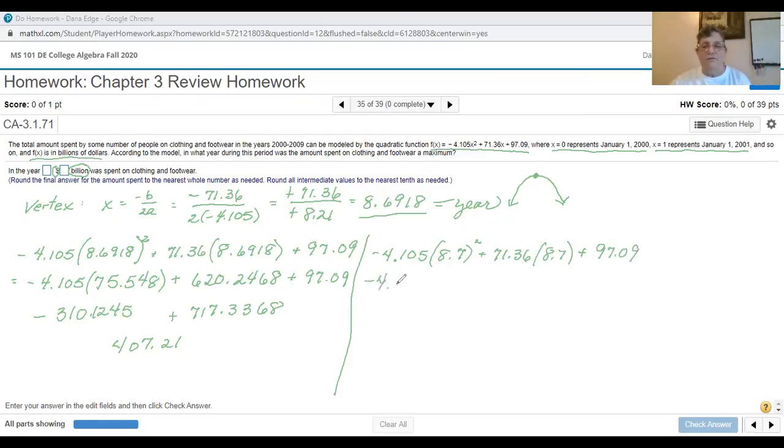Let's see if it makes a difference. This would be negative 4.105. Following directions could make a difference. This would round to 75.7. Would have been 310.7, rounding to a tenth as I went. 620.8.